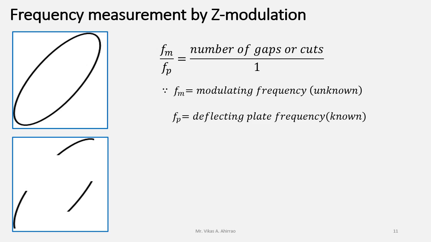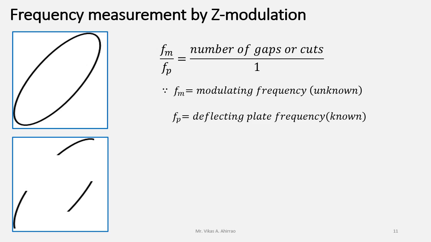If you will obtain such Lissajous pattern having certain number of gaps or cuts, and that should be measurable, then you have to apply the equation Fm upon Fp, where Fm is the modulating frequency which we need to apply to the Z channel, and Fp will be the deflecting plate frequency which will get applied to the Y and X channels.